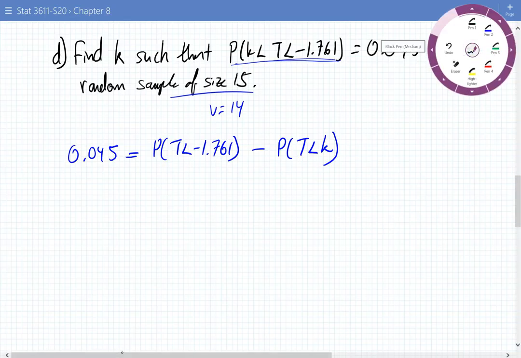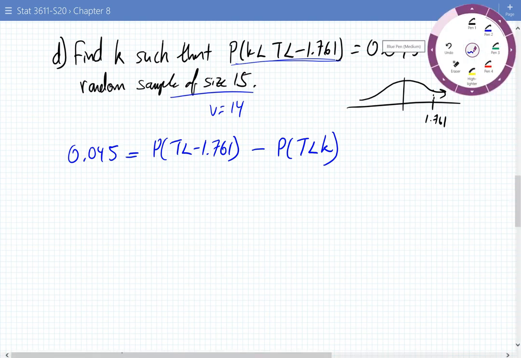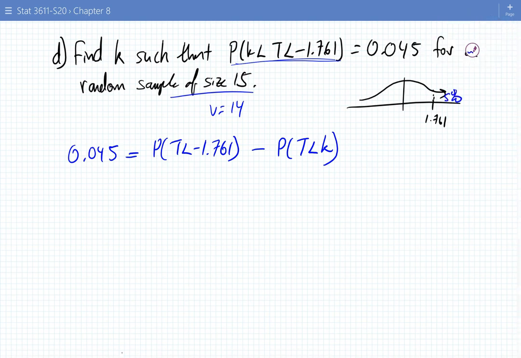So we do know that 1.761 leaves an area of 5% to the right. Well, then what would be less than negative 1.761? Well, that's just the symmetric part of the curve. That would leave an area of 5% to the left, which exactly coincides with being less than.